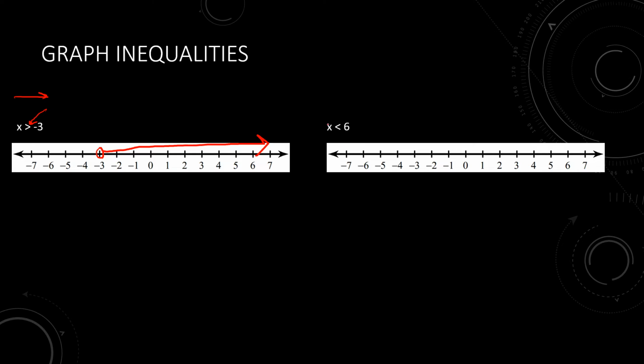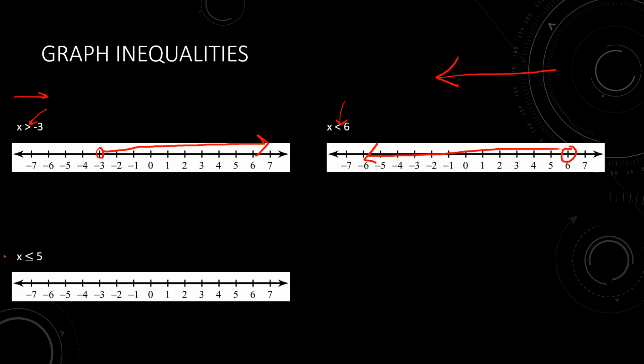Here's another one. I have x is less than 6, so I'm going to go to my 6, do an open circle because there's no line underneath my inequality sign, and draw my arrow going this direction because that is the way that my arrow is going. My inequality sign, imagine just putting a line like that. It makes your arrow.